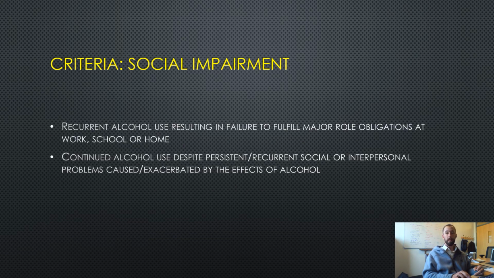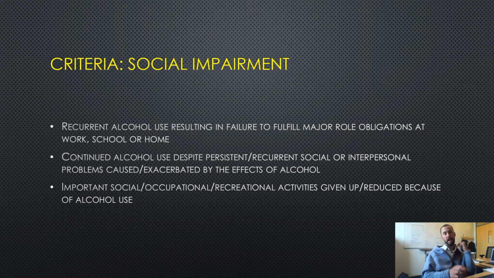Then there's social impairment, and there are 3 under that. So, recurrently using alcohol such that it messes up your obligations in your life, in school or with your family. You don't coach your son's baseball team that Saturday because you were drunk or you were hungover from last night when you were drunk. Continuing to use alcohol despite persistent interpersonal problems.